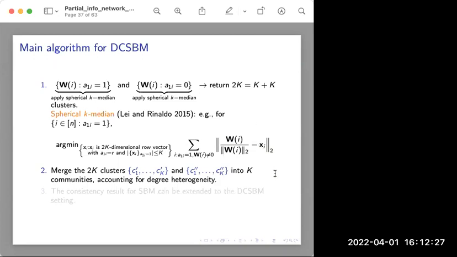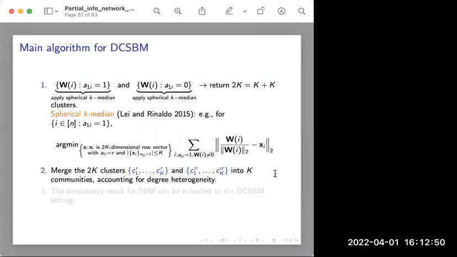And the second change, we also need to make some changes to how we merge the 2K clusters under the degree corrected block model. This is because if you remember, when we're constructing the estimates for P, we are simply doing edge counts. We're counting the proportion of edges within each block.